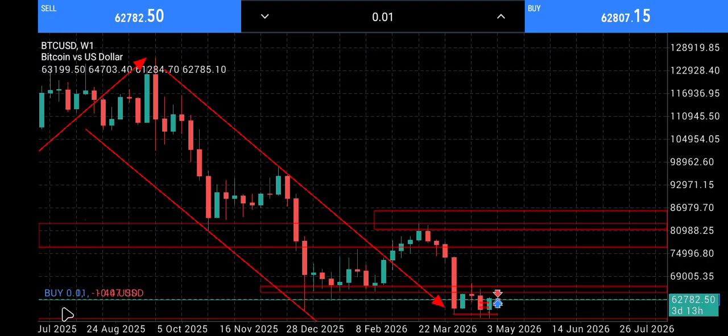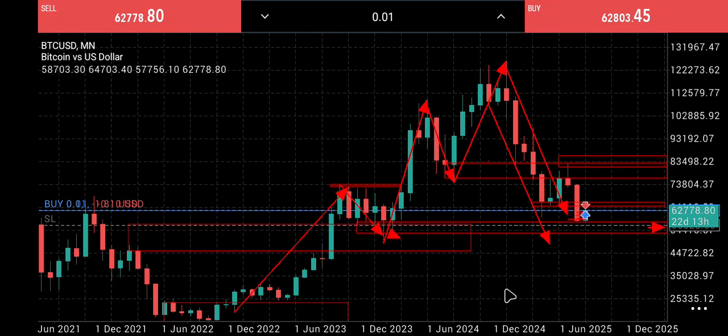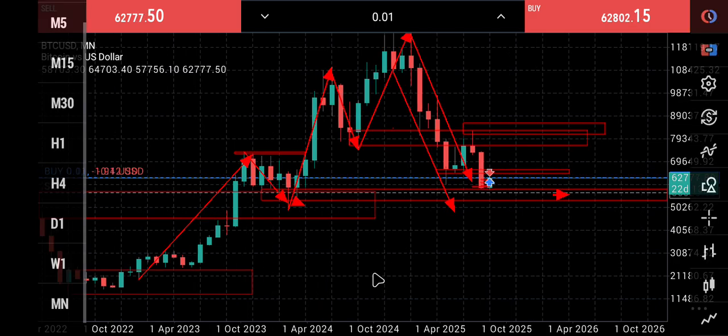So in my top down analysis, I started my trend and structure analysis in the higher time frame, which is the monthly time frame. Then I moved down to the weekly time frame to find an entry.